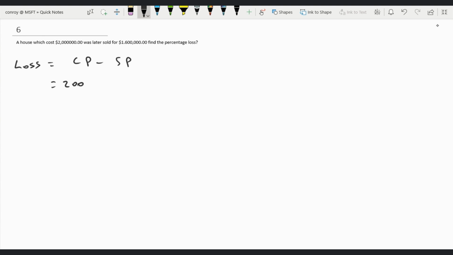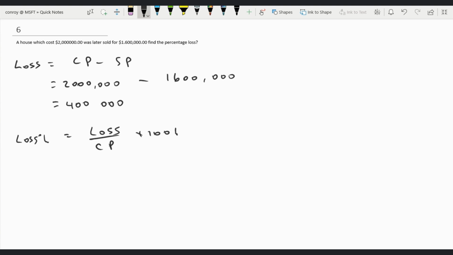Alright, so the item costs 2 million minus 1,600,000. You know that's equal to 400,000. The loss percentage now is equal to loss over CP times 100%.